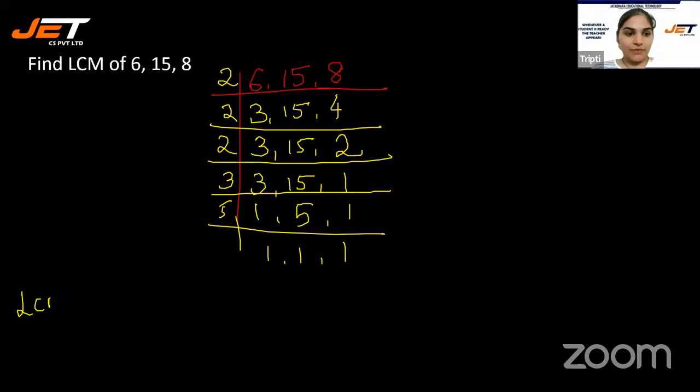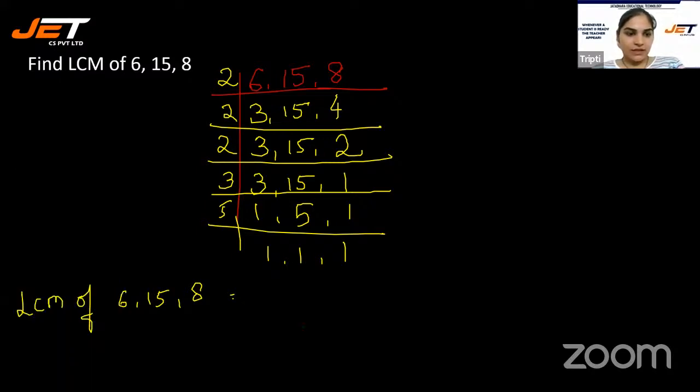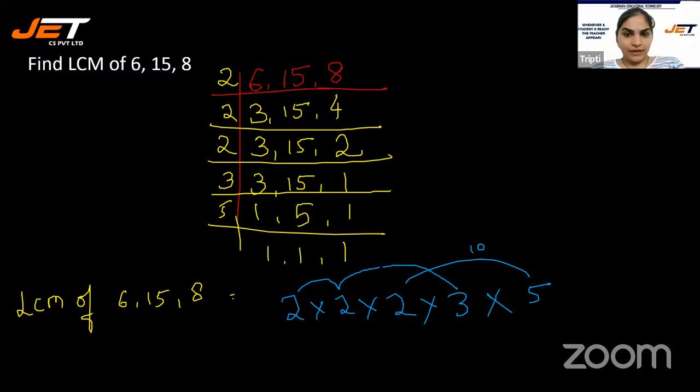The LCM of 6, 15, and 8. Let's see. It is 2 times 2 times 2 times 3 times 5. So 2 times 5 is 10. 2 times 2 is 4. 4 threes are 12. 12 times 10 is 120. 120 is the LCM of 6, 15, and 8.